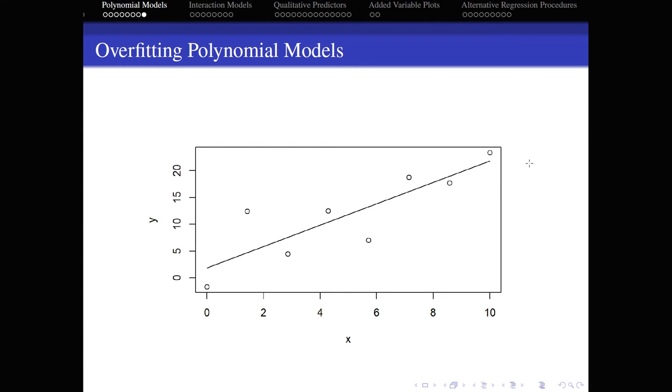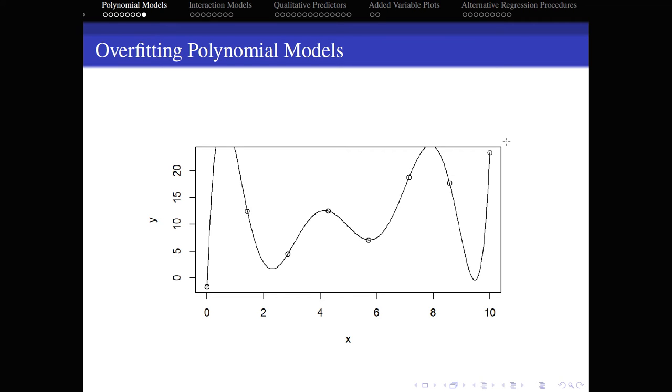Now, I could also fit, this is 1, 2, 3, 4, 5, 6, 7, 8 data points, a 7th degree polynomial and get perfect fit on all of my data. So this is my 7th degree polynomial. It perfectly fits all of my data. Look, zero error. The line goes through every single one of these data points.